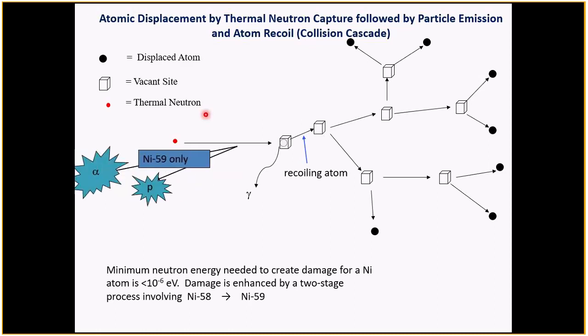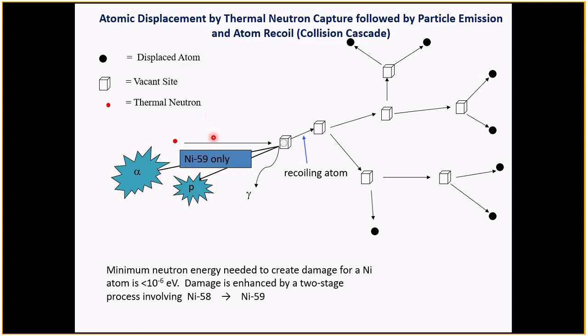Okay, so here comes the magic now. If you're nickel, the major isotope is nickel 58. It's about 68 or 69%. Lee can verify what the atomic percent is in the material. When a thermal neutron comes in, yes, you're going to get this little recoil when it emits the gamma.